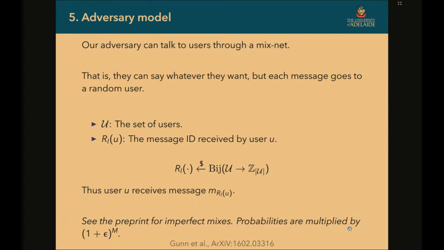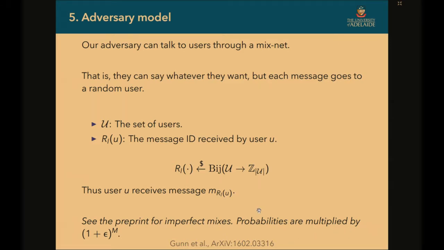We have actually gone through and done a proper sort of game-based definition of what we're using for our adversary model. But the basic idea is that we have an adversary who is, say, the key server, or someone who is man in the middle of the key server, and they can talk to this set of users through a mixnet. So they can say whatever they want, but when they say something, it just goes to one of the random users who is connected.